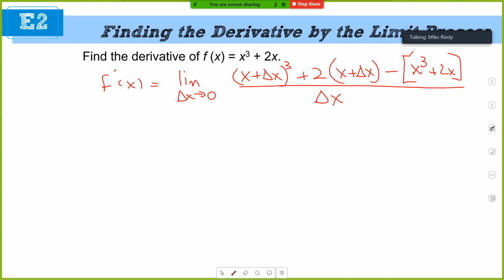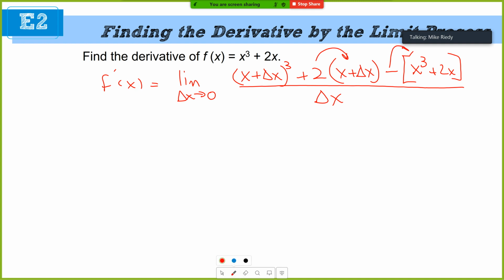Because now I have to take a binomial and cube it. Squaring binomials is bad enough, but now I have to cube a binomial. Then I have to distribute the 2, then distribute the minus sign, then factor out a delta x and cancel. It gets to be tedious and time-consuming, and we need a different way to do that. And that's what we're going to do in the next couple days.